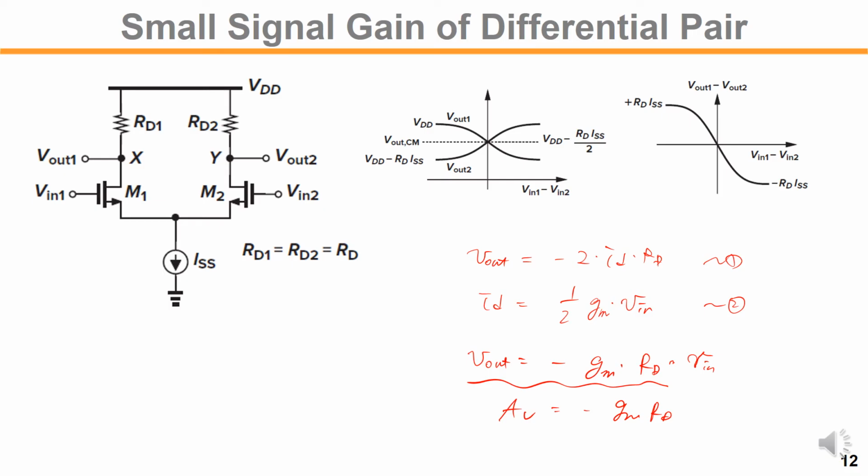Surprisingly, this gain equation is just the same as the common source amplifier. This is GM of the M1 and GM of the M2.